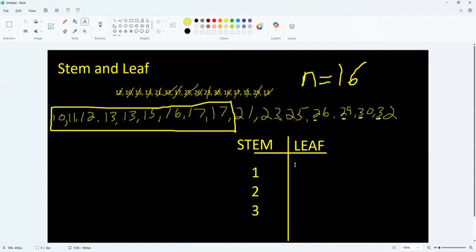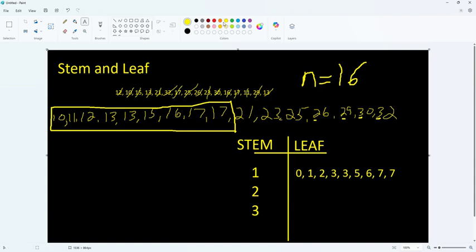So there's a 0, there's a 1, 11, there's a 12. There's two 3s. There's a 5, 16, and two 17s. All right, so that is all the leaves inside of there.